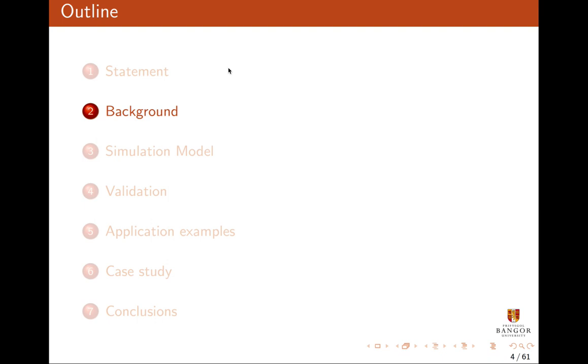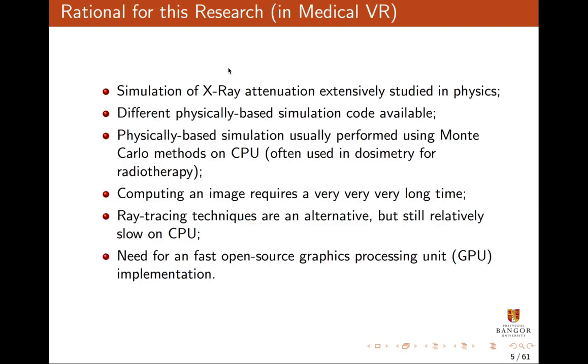I'll give you some background, because this is not something that has been done in just a couple of weeks. It's quite a large project. We know that X-ray simulation has been studied a lot in physics, and there are several codes available to simulate X-ray imaging. But very often they rely on Monte Carlo methods on CPU, and are very commonly used in dosimetry for radiotherapy.